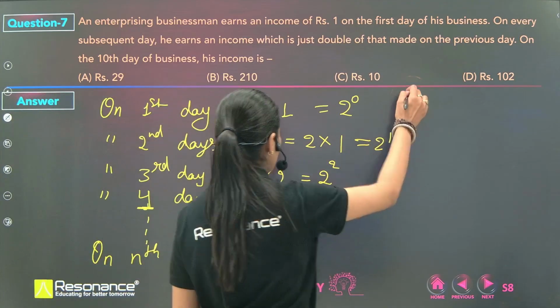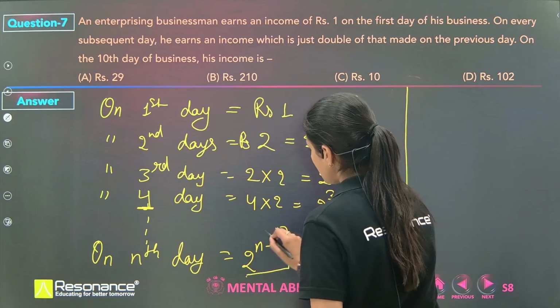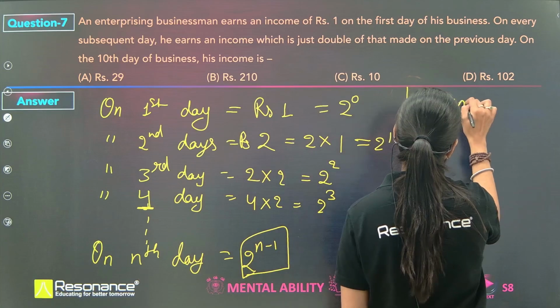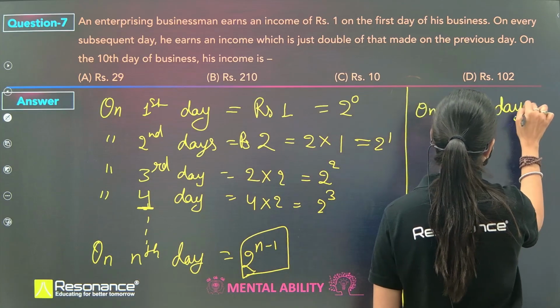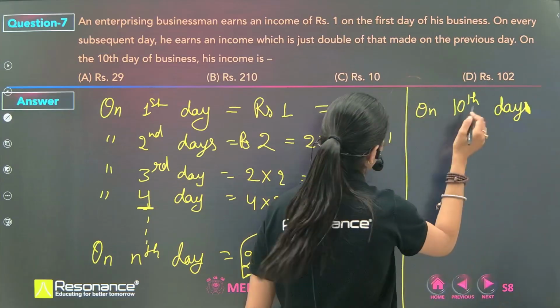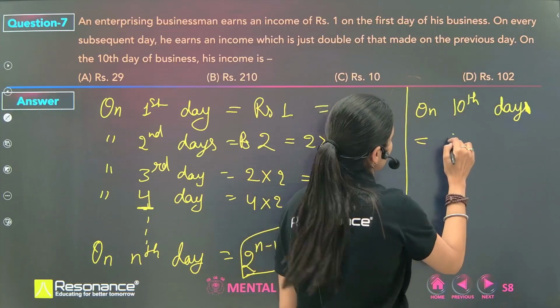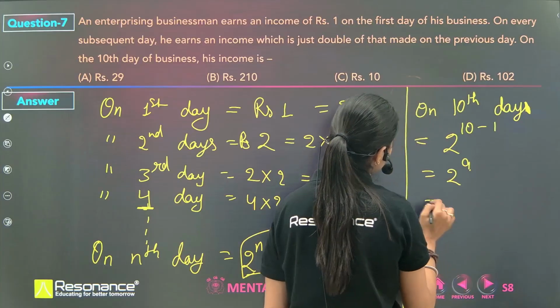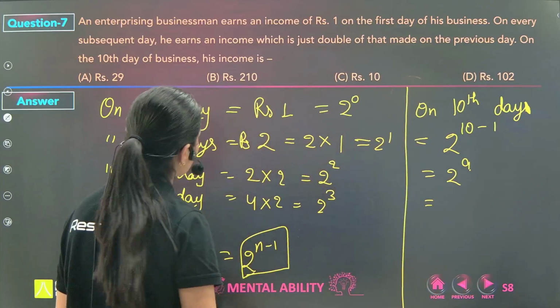That means we have already got the standard notation for that. So on the 10th day, it will be 2 to the power 10 minus 1, which will be 2 to the power 9. How much will that be?